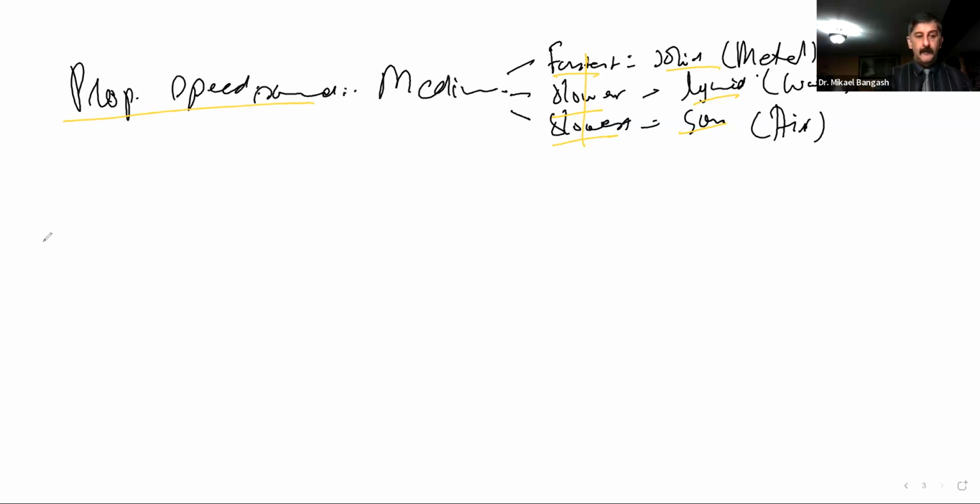You mentioned those two last characteristics of the nature of the medium, which were the stiffness of the medium and the density, and you have discussed their relationship to the propagation speed.